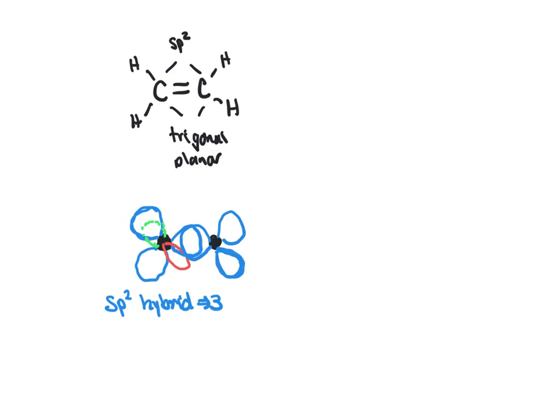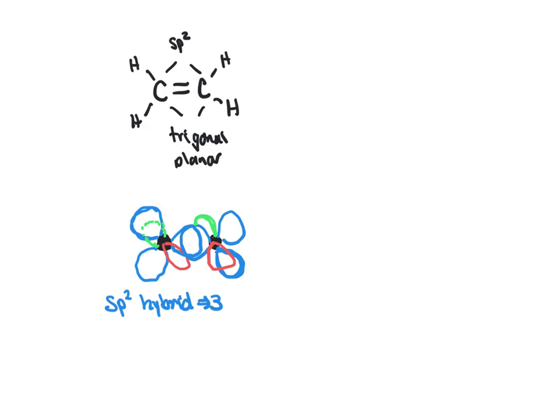But my other carbon also has a p orbital that is coming out of the plane of the board and one that's going back into it. It's one p orbital, but it has 2 lobes, right? One that comes out of the plane of the board and one that goes back into the plane of the board.